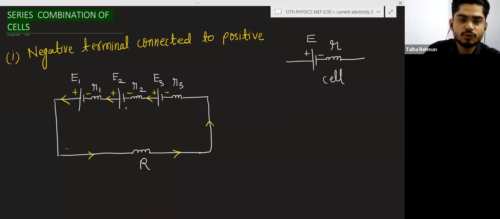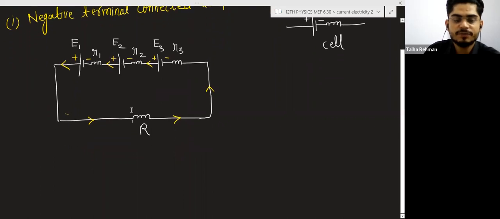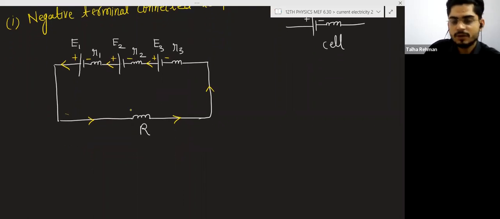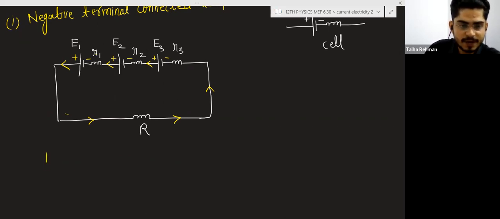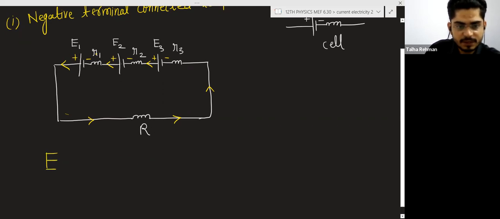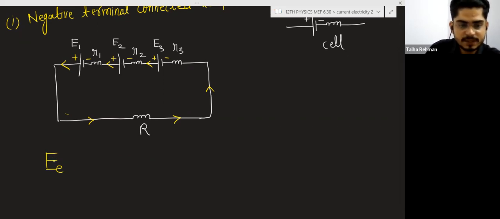So if I want to find the equivalent EMF of all the cells, equivalent EMF means E, this E. This is the equivalent EMF, and it is equal to the sum of all the EMFs.